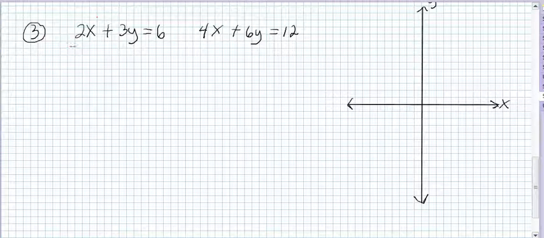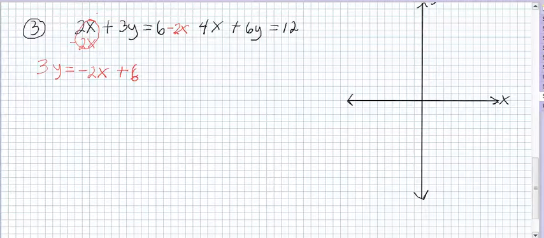I'm going to subtract this 2x and put it on the other side. Okay, this is 0. I have positive 3y is equal to, and I'm going to move the x in front, negative 2x plus 6.